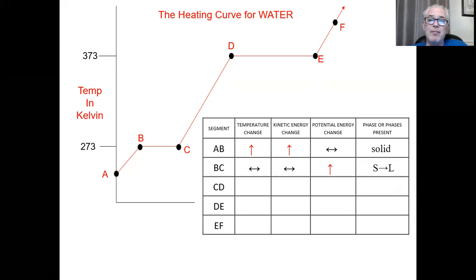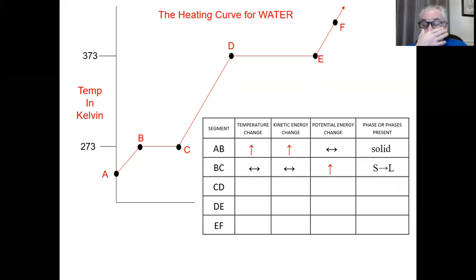What's happening from B to C? Well, look at the phase. It's going from the solid phase to the liquid phase. All the energy that we're adding is changing it from solid to liquid. Now, liquid is a lot more excited. I don't know what the word would be, but solids are blah, and liquids are a little bit more mobile.